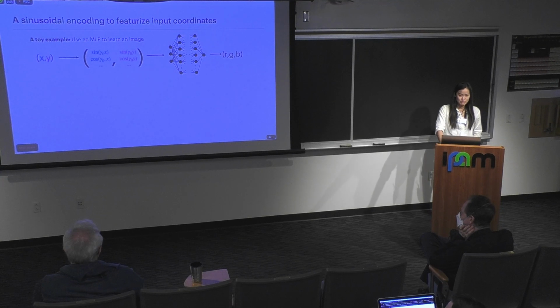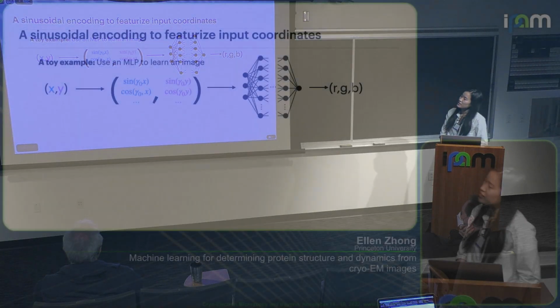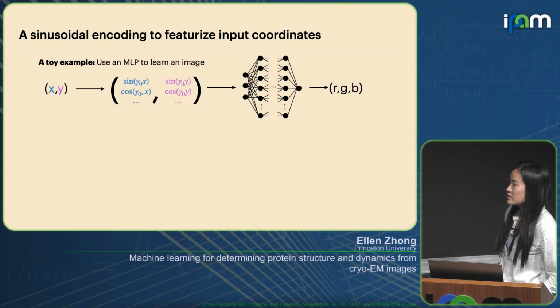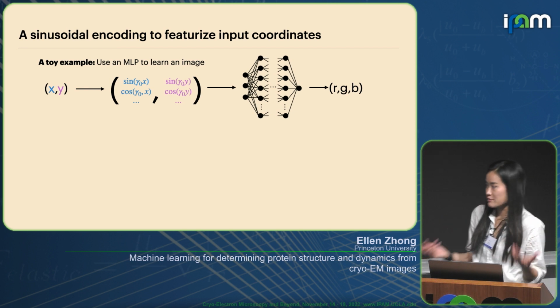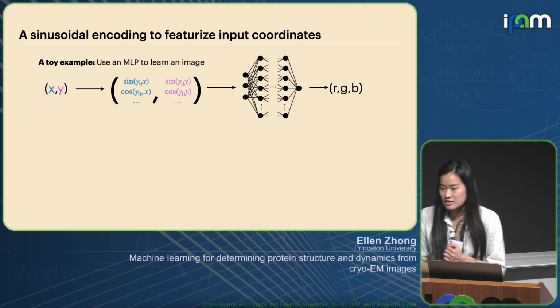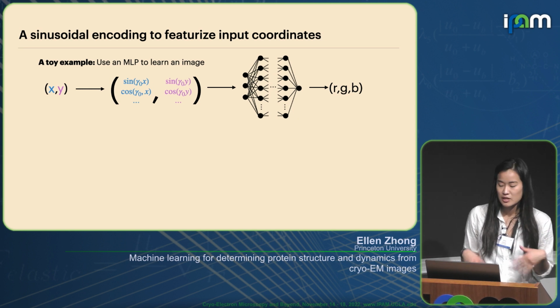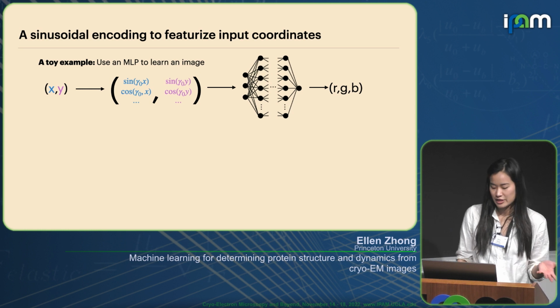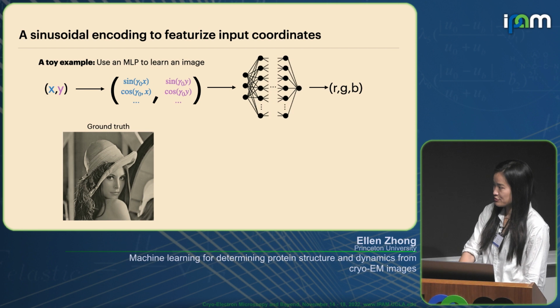Just to give a brief vignette on why this sinusoidal featurization was important, here's a toy example where we're using an MLP just to learn, or really to memorize, a single image. We can think of an image as a continuous mapping from XY coordinates corresponding to the pixels to the RGB values at each of those locations. We're trying to memorize this particular image, this is the ground truth.